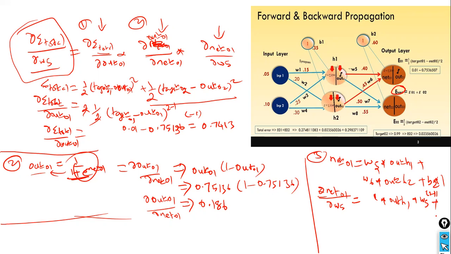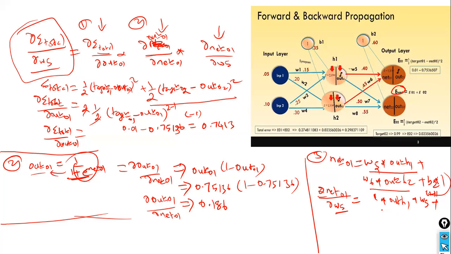And then the next one is this one, right? So this part and this part, if you see here, we don't have W5 here, W6, and here the B2 bias 2 into 1. So this one will become constant, and these two terms will get dropped because we are taking the partial derivative with respect to W5.